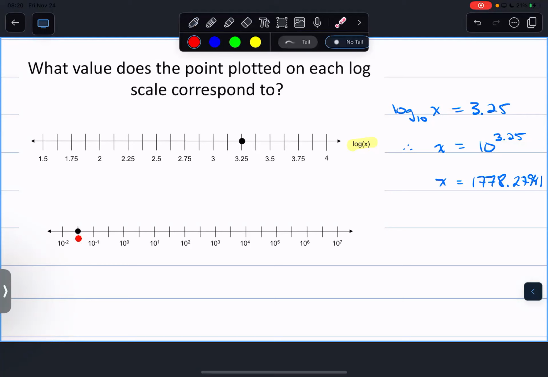How about this little guy? Looks like between 10 to the negative 1 and 10 to the negative 3. So if I have 10 to the negative 3 is equal to x, I can take log base 10.